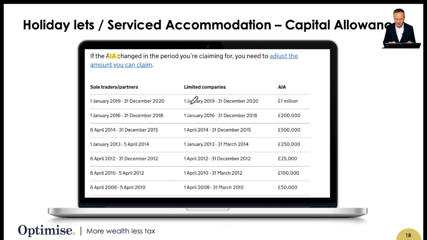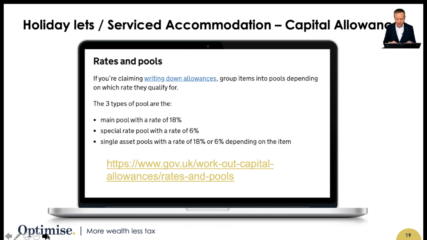It basically means that you can claim up to £1 million worth of annual investment allowance against your income. So in the previous slides, I talked about a capital allowances cost base of £80,000, which basically means that you can reduce that against your property income. We're going to see that a little bit later.